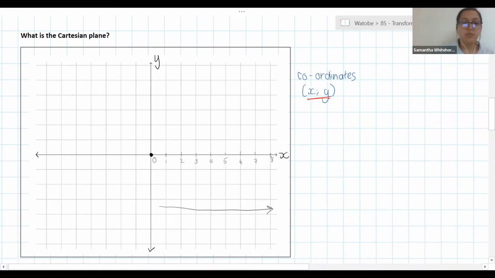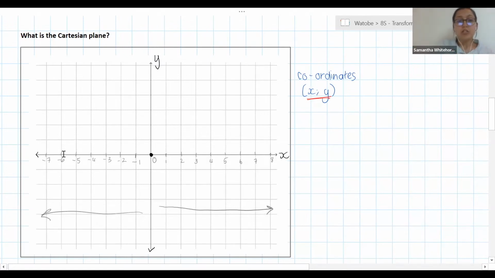But if you move to the left of your origin, same as on a number line, these would be all of my negative values. So -1, -2, and so on. Really importantly, on a Cartesian plane, we need to have values if we plan on plotting or drawing anything accurately.